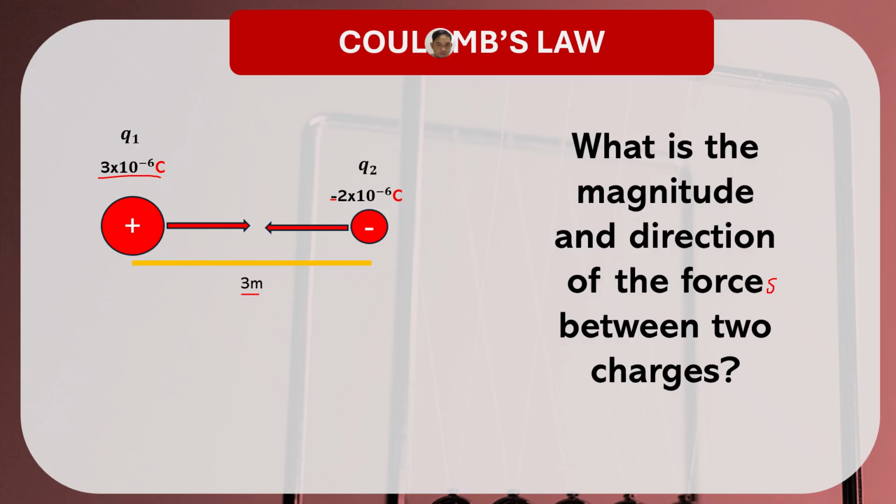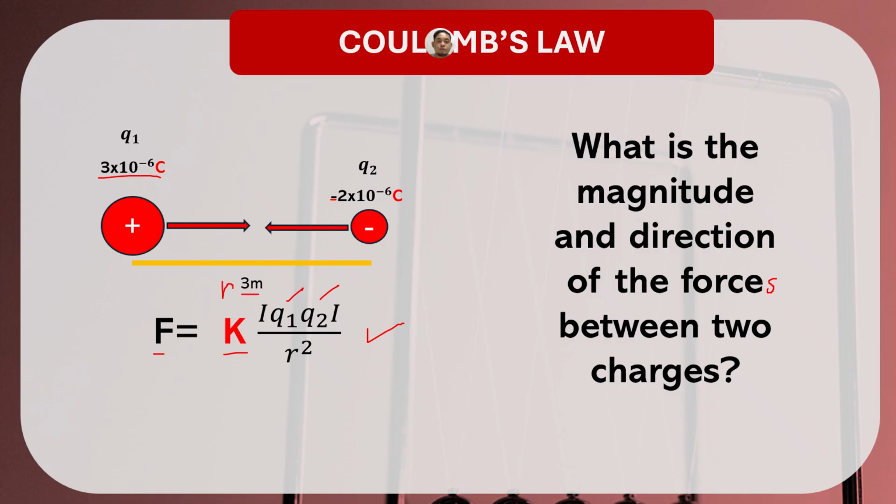Charge two is negative. And this is the formula for Coulomb's law. The Coulomb's force is equal to the Coulomb's constant times charge 1 times charge 2, get the absolute value, and then over r squared, the distance. We have the value of r, it's 3 meters.